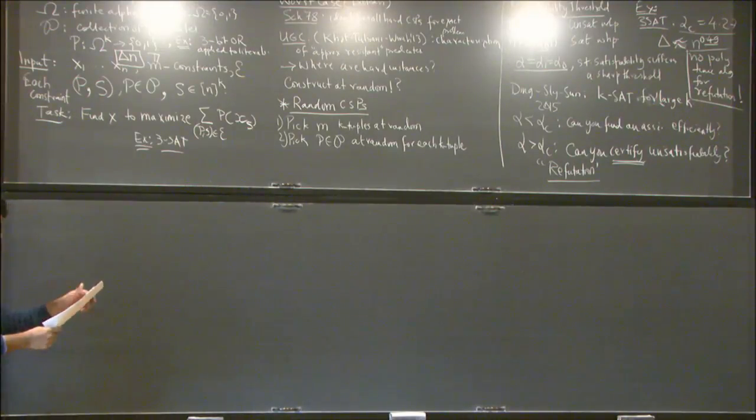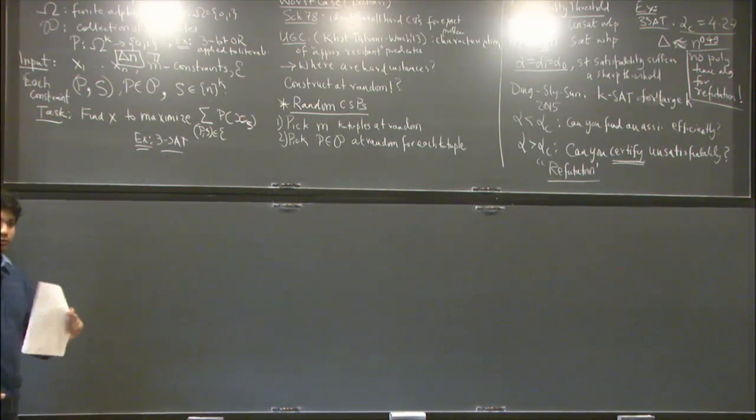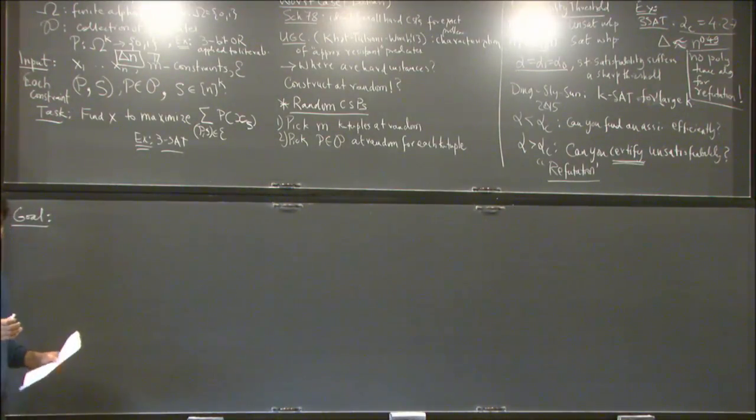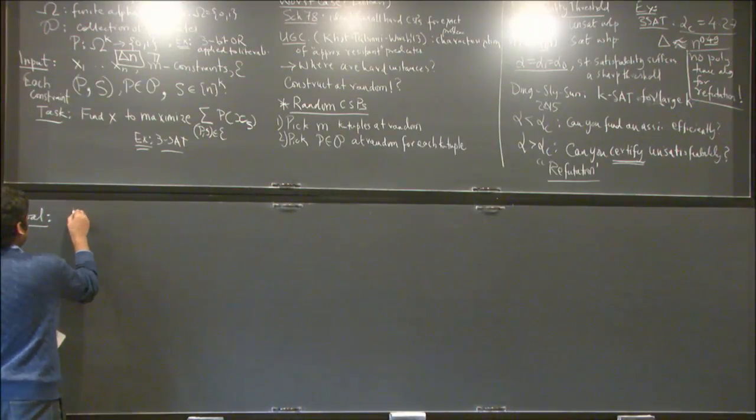Okay. Great. So let me now formally define the refutation problem and discuss Feige's hypothesis. Here's what we want to understand about the refutation question. There are 3 parameters of interest. There is this density parameter.